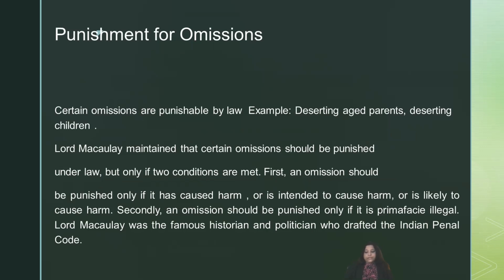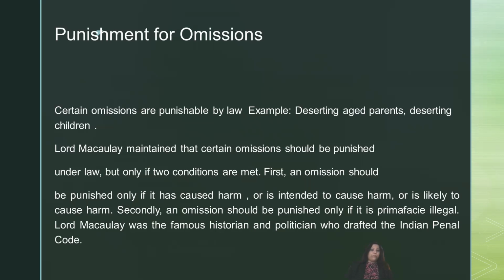There is an offense of commission and omission: you do something or you don't do something, and it can become an offense. Even in tort as a civil wrong, we learned about acts of commission and acts of omission. Lord Macaulay maintained that certain omissions should be punished under law, but only if two conditions are met.